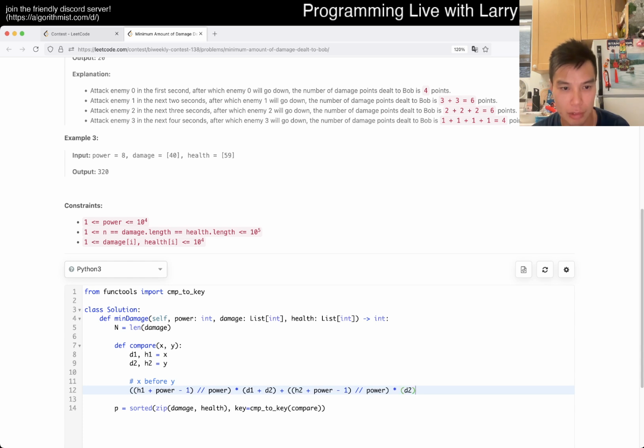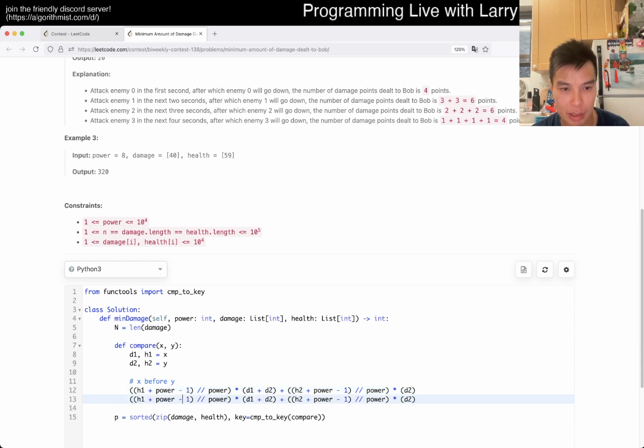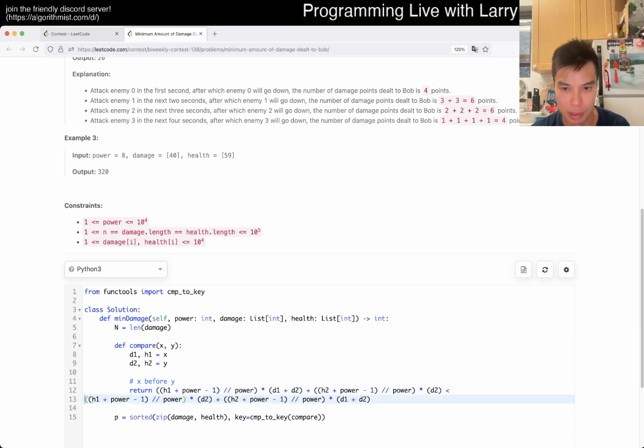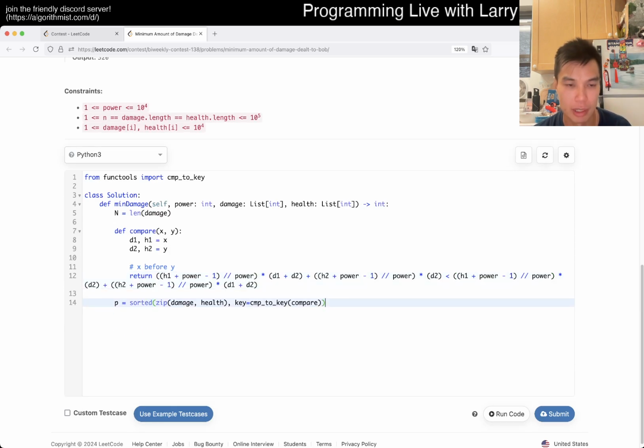So then now Y before X is then now we have this thing. Okay, so then it's just this, but in here we have D1 plus, and you could probably simplify this, but is X before Y? I think that's what I want to answer, right? So then now we have this, right?